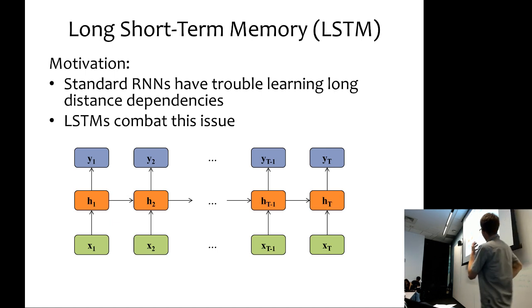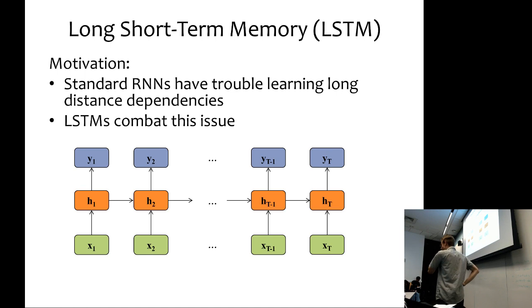Okay, so this is extremely disappointing because the whole point of using an RNN is to learn long-distance dependencies. That's what we wanted. We said we wanted to get out of this standard feature world where we can only go back, say, a fixed window of words, and we want to move to something where we can get arbitrary long-distance dependencies. And so LSTMs try to combat this issue.